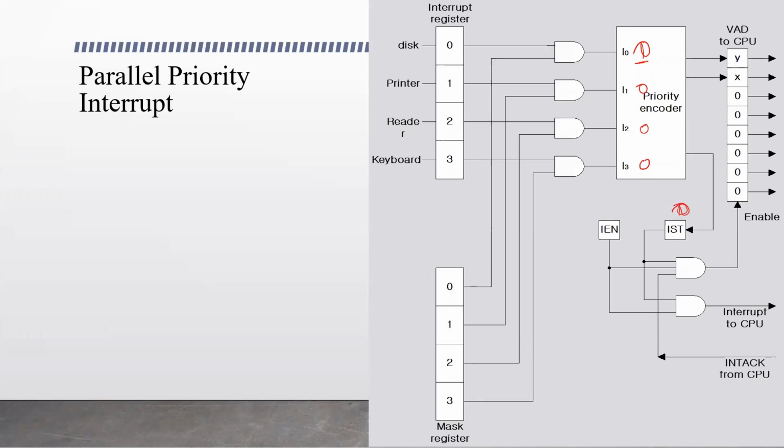IST is the status, it is a flip-flop. IST and IEN, these two are flip-flops, single bit registers, the value will be either 1 or 0. If there is an interrupt request, IST will be set to 1. If there is no interrupt request, it will be set to 0. And IEN is the interrupt enable signal. It is 1 when interrupts are allowed to the system.